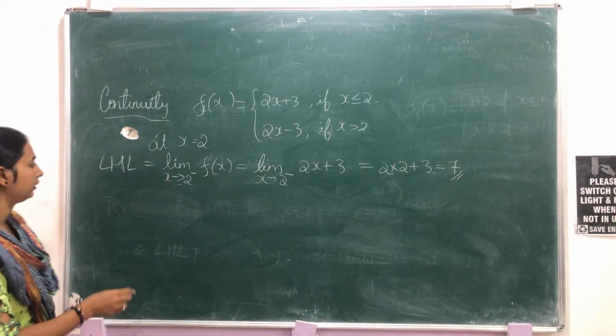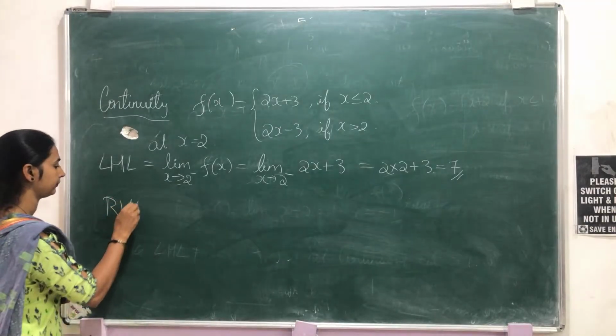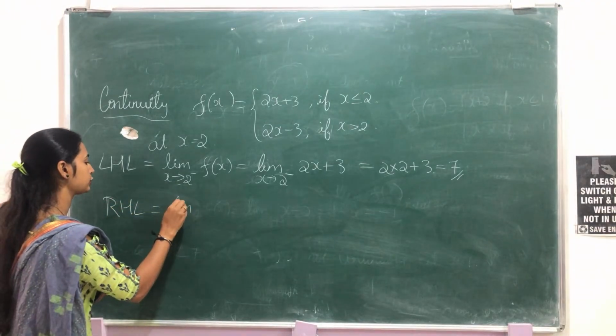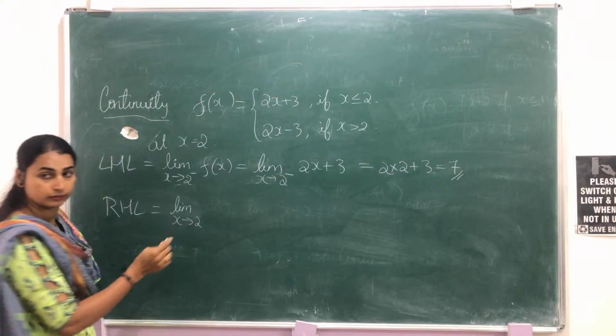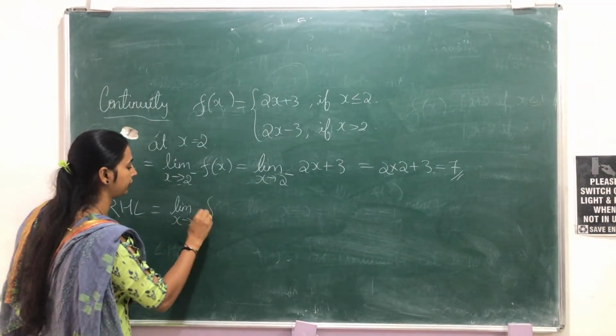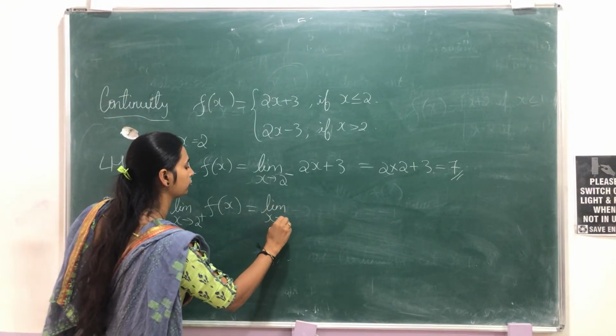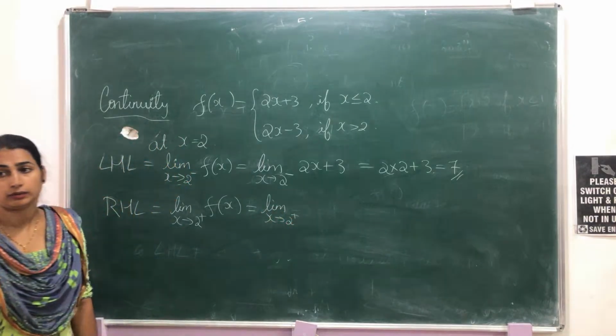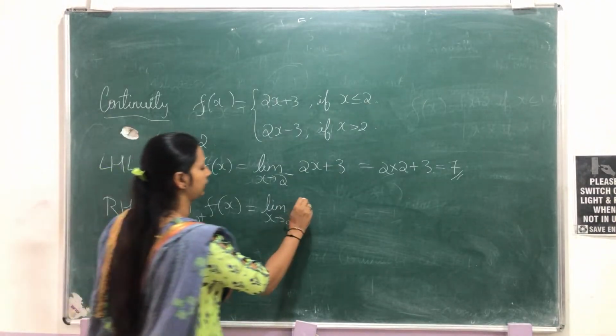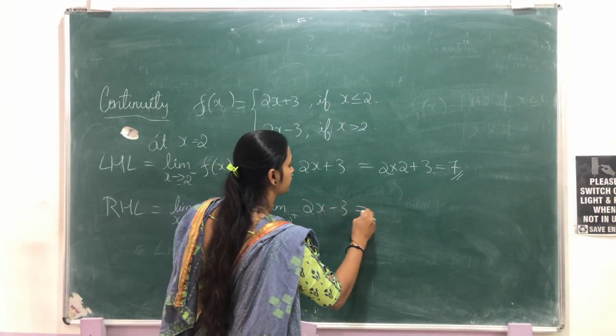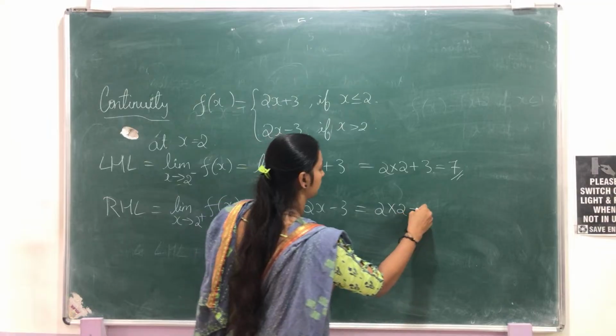Understood? Here, what is right hand limit? Limit x tends to 2 plus f of x. Very good. So what you'll get? Limit x tends to 2 plus. What I need to substitute now? 2x minus 3. What is x? 2.